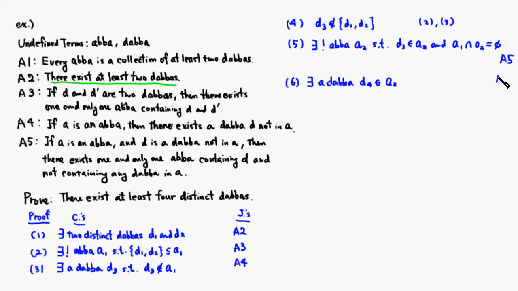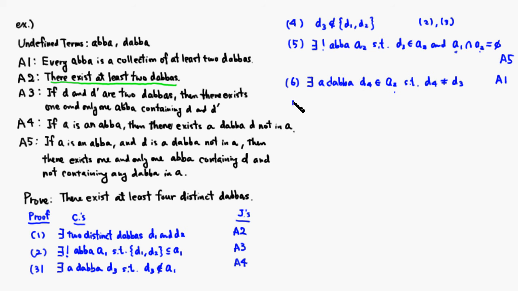So A1 guarantees that since D3 is in A2, there is another daba inside A2, so we know that there's another one. D4 is definitely different from D3. Since D4 is in A2, which is disjoint from A1, and D1 and D2 are in A1, D4 is different from D1 and D2 as well.